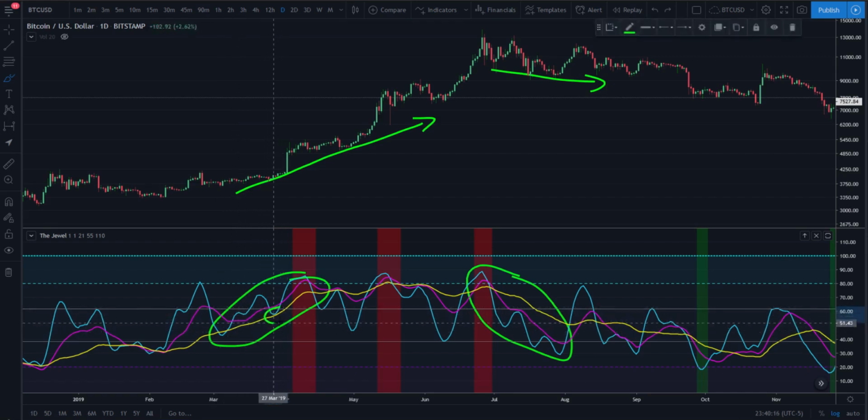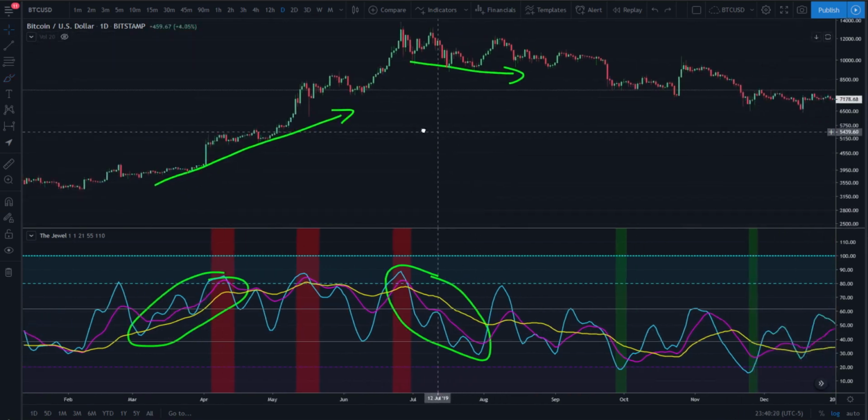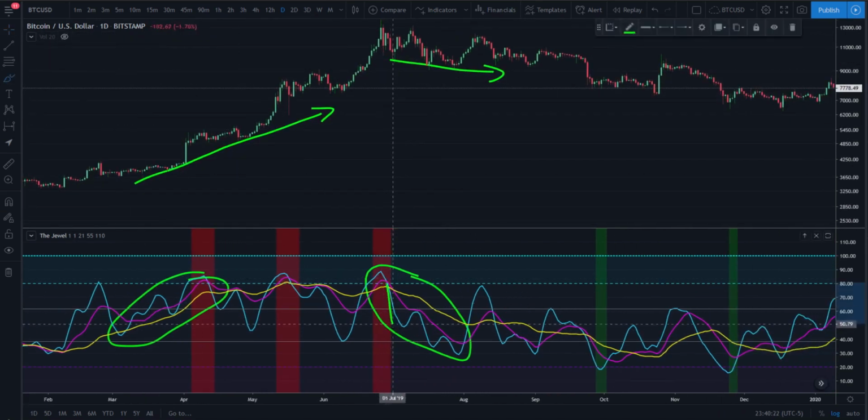You can see it bounce from the yellow over there. Same thing on the other side. You can see the blue doing that oscillation, so that downtrend. And when it comes back up, it's using the purple as a resistance over time, which shows two things over there, two stops right there.